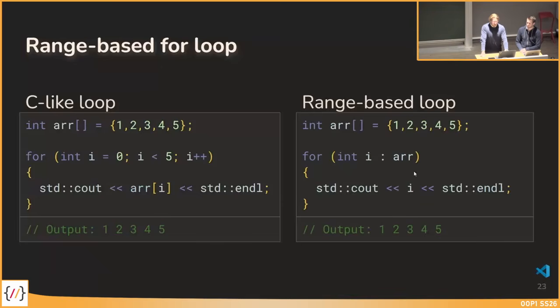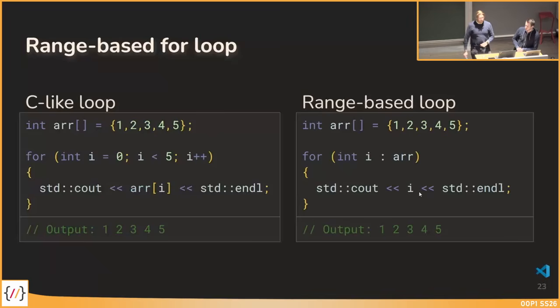In the second iteration, the value 2, so the second value is assigned to I. Then we can again print it, and so on. In the third iteration, the third element is assigned to I, and so on. In the fourth iteration, the fourth element is assigned until we reach the last element of the array. Then this value here is assigned to I, and we can print it.